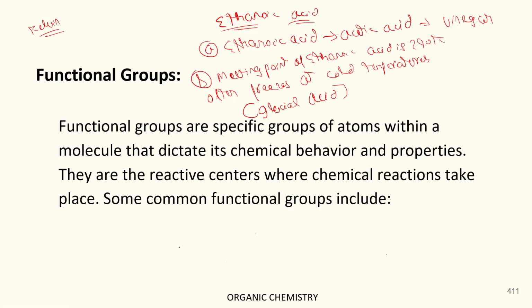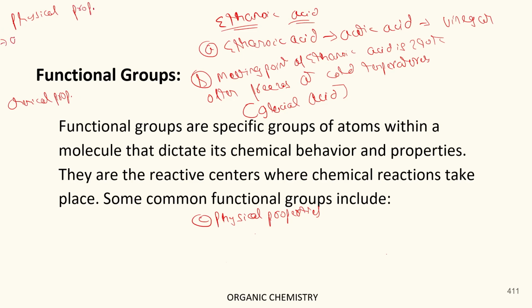Third point is about its physical properties. Here I am going to tell you about two things: first, physical properties, and second, chemical properties. What do you mean by this?